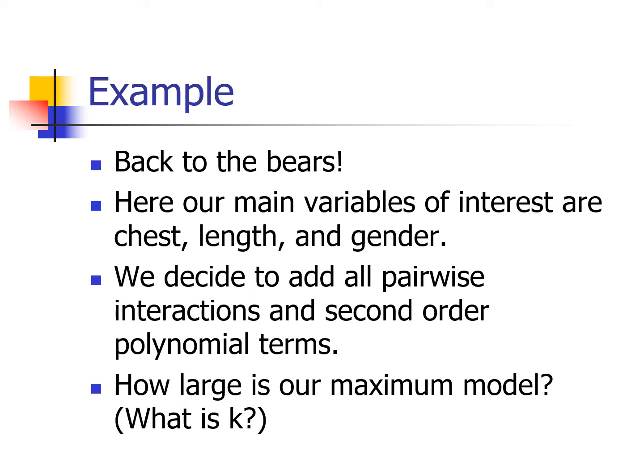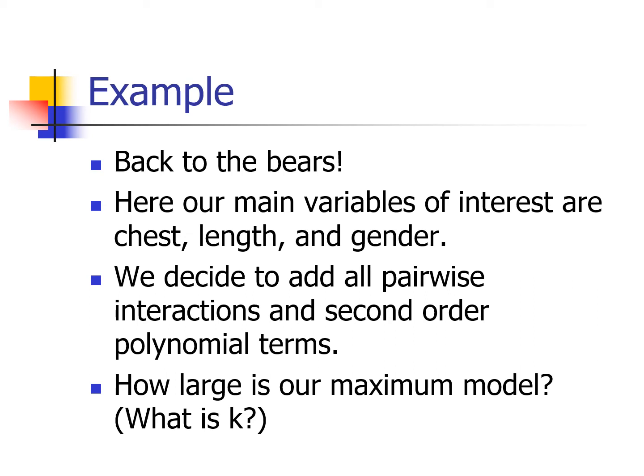It's not 3, because we have to consider our pairwise interactions and our second order polynomial terms. So what is it? I'll give you a second to think about it. It might be tempting to say 9. It's not 9, agreed? I think it's going to end up being 8.